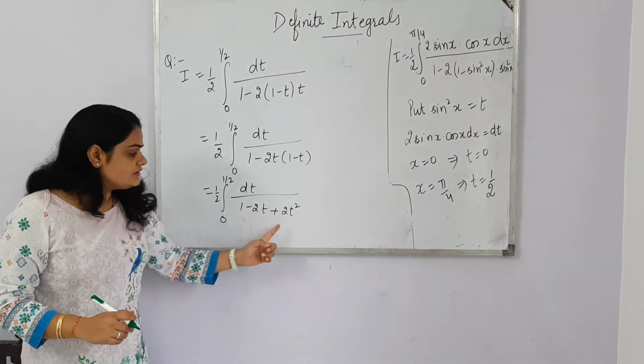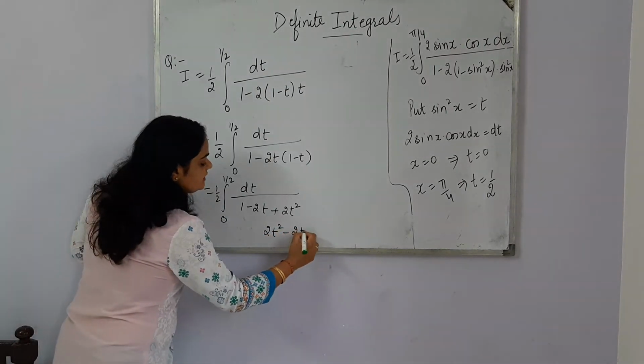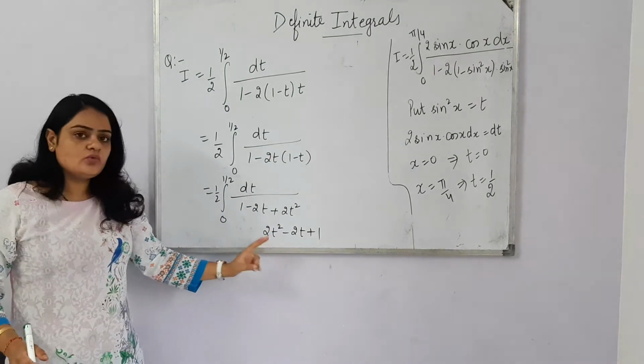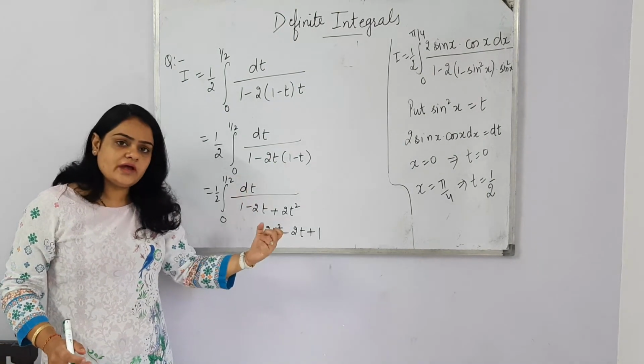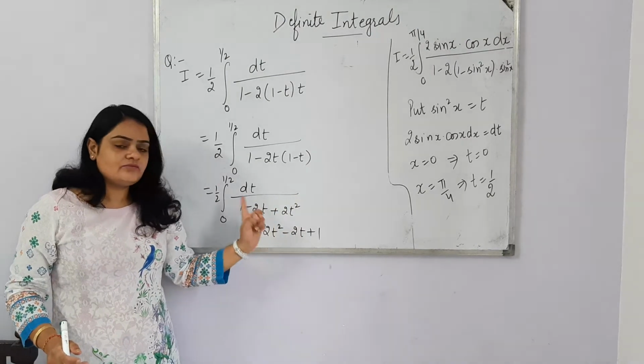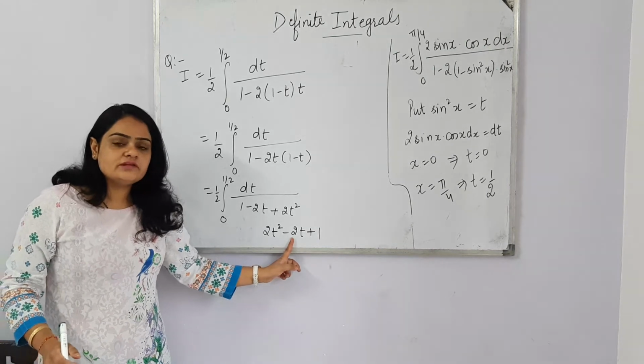So here, 2t square minus 2t plus 1. If you are multiplying 1 and 2, it's 2. So we have 2 as a factor, 2 as a multiple. We need to find if by adding or subtracting we can get 2.